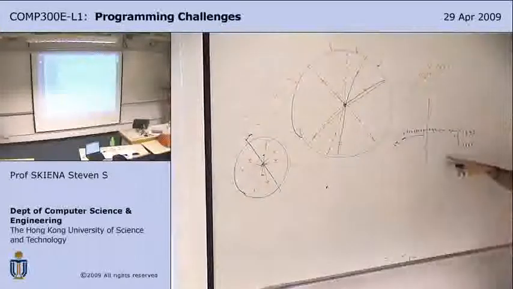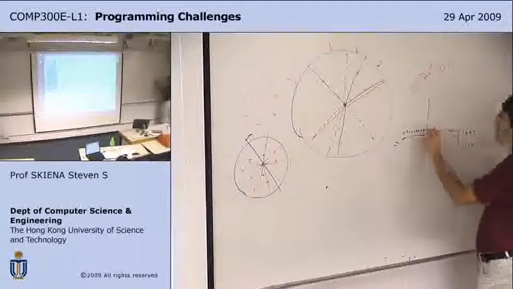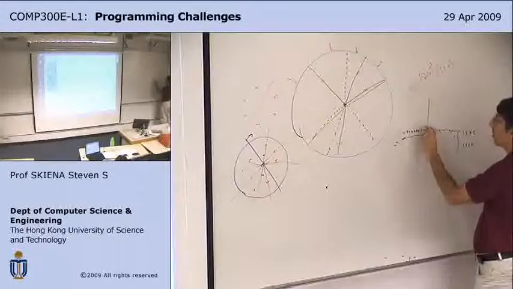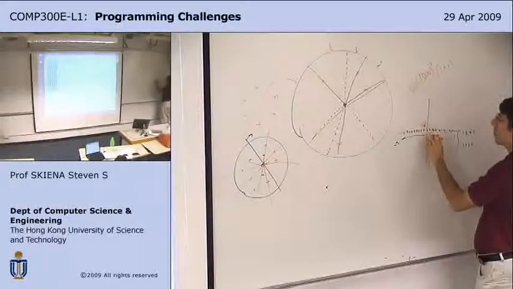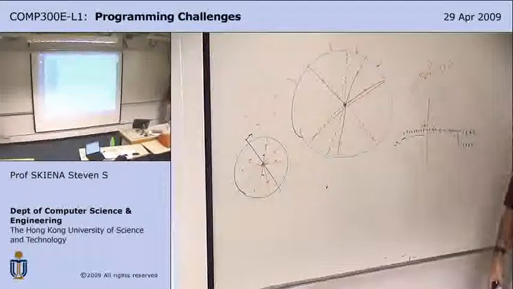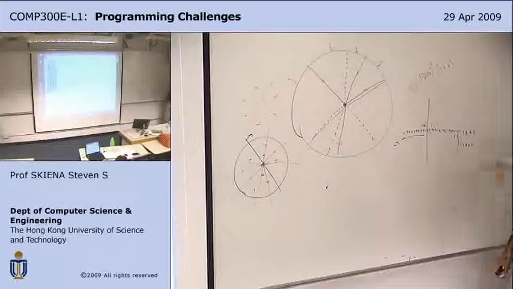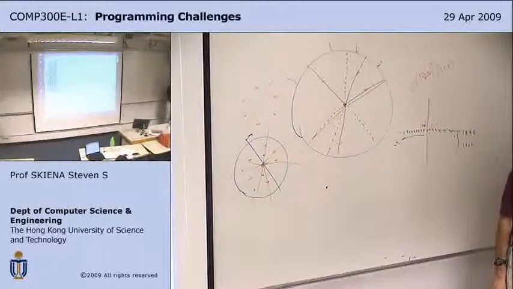Your claim is that we're double counting the number of lines. Because what you're claiming here is that for every point here, -1, 1, that would be the same line as 1, -1. Is that right?